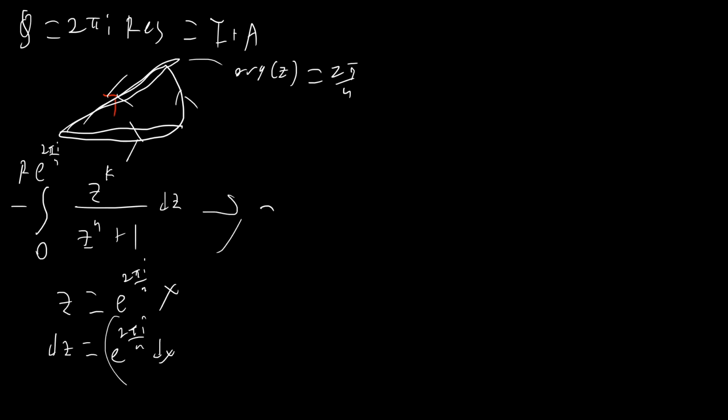So this A integral is going to turn into negative, and I'll bring this to the outside, e to the 2 pi i over n, integral from 0 to infinity, which is just r, right, of z to the k. So that's going to be x to the k times e to the 2 pi i over n k, right?